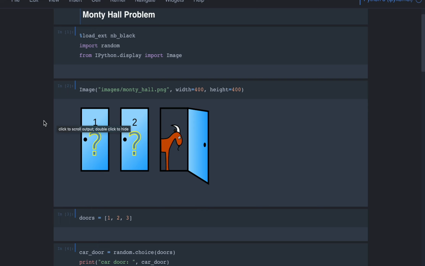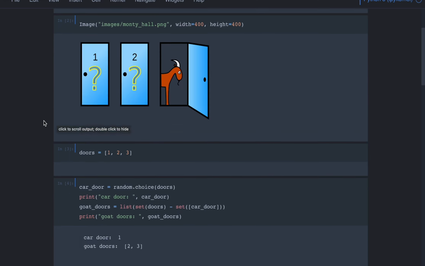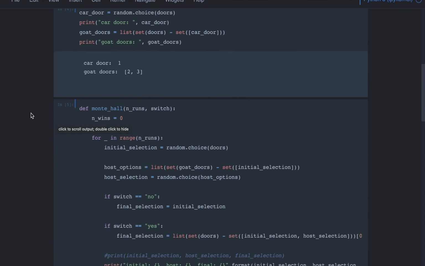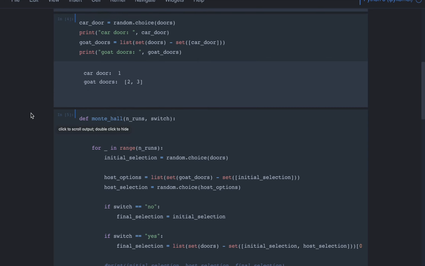Now, in this problem, we will ask, what is the probability of winning this game, meaning winning a car, if you do not switch, right? And what is the probability if you switch? Okay. Now, let's see how the game goes, and then we will solve it using Monte Carlo simulations.